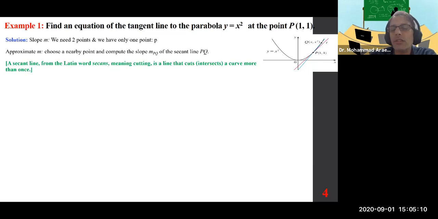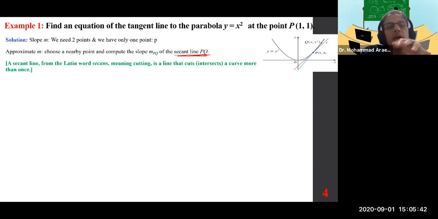So we can approximate it. How do we approximate it? We can pick up a point nearby, okay? To the right or to the left, it doesn't matter. And now that we have 2 points, we can calculate the slope. Now, the 2 points, when we connect them, the terminology, it's a secant. So we can calculate the slope of a secant line and, of course, the equation of a secant line.